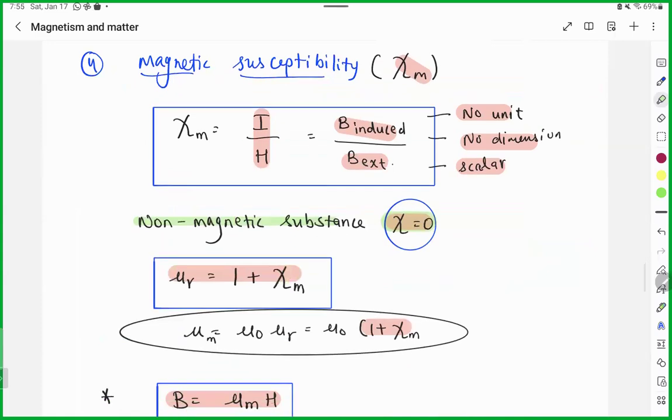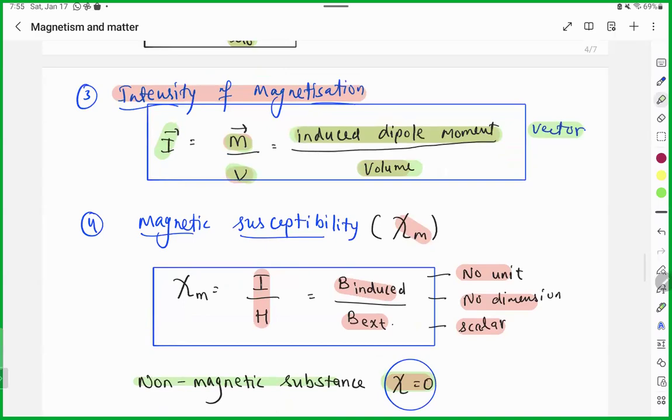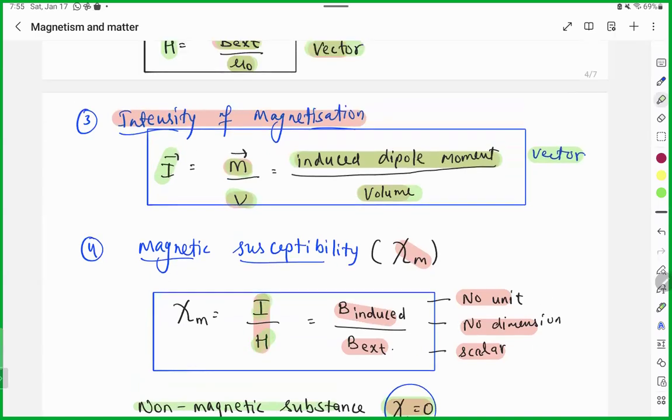Magnetic susceptibility you can compare with the electric susceptibility. There we had chi, here we have chi m. Correct? So you already have I, intensity of magnetization, divided by magnetic field intensity.